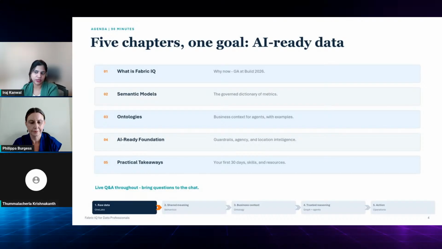This is the most important section because ontologies are where we move from data definitions to business meaning, for example, entities, relationships, properties, and rules. And then we can connect that to an agent, giving some guardrails, auditability, and location. Finally, we will close with a practical first 30 days plan so you know where to get started.